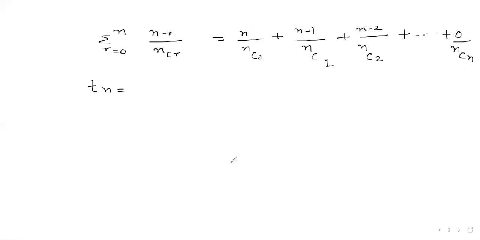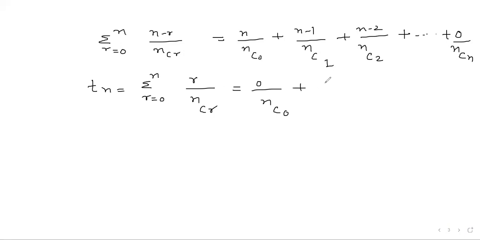So let's see, Tn equals sigma r = 0 up to n of r divided by nCr. Now we put the values. When r = 0, we'll get 0 upon nC0.